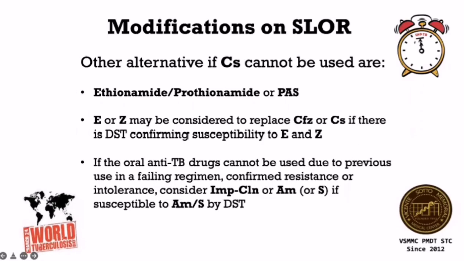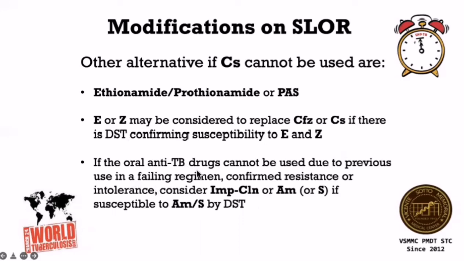So other alternative, if cycloserine cannot be used, you have prothionamide or para-aminosalicylic acid. And ethambutol or pyrazinamide may be considered to replace clofazimine or cycloserine if your drug susceptibility testing confirms susceptibility to either ethambutol or pyrazinamide.